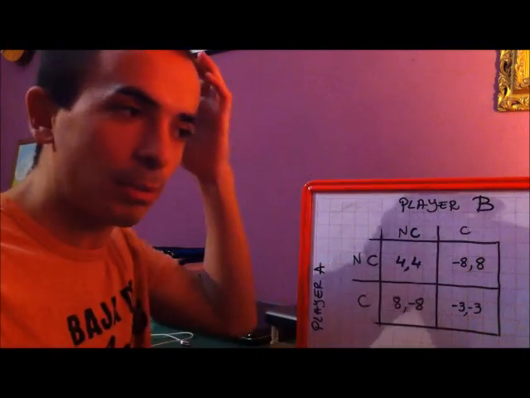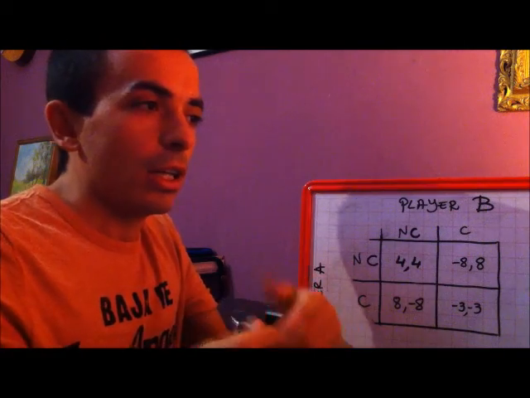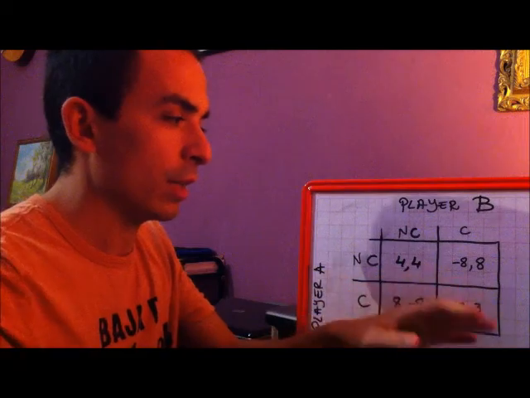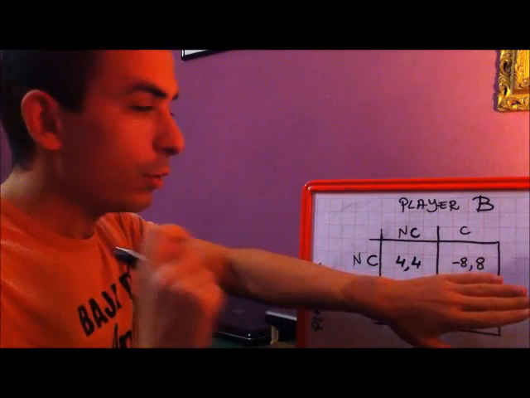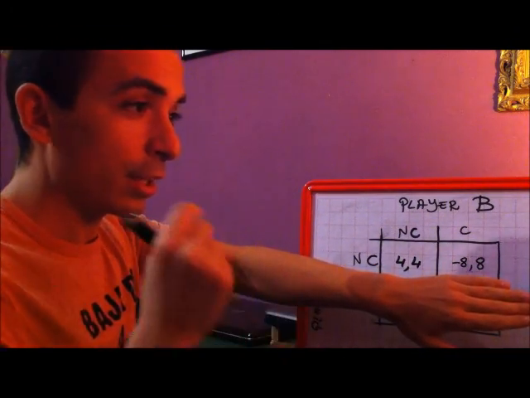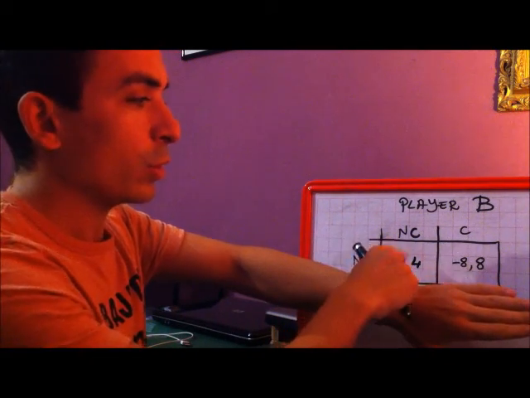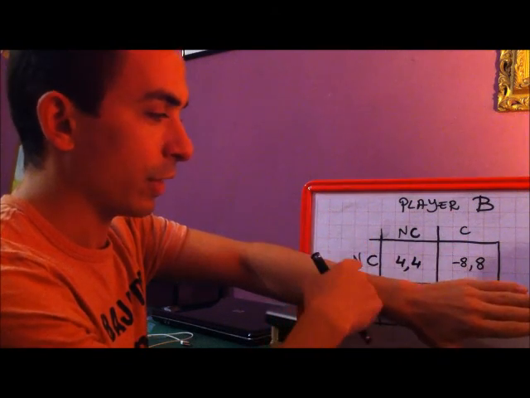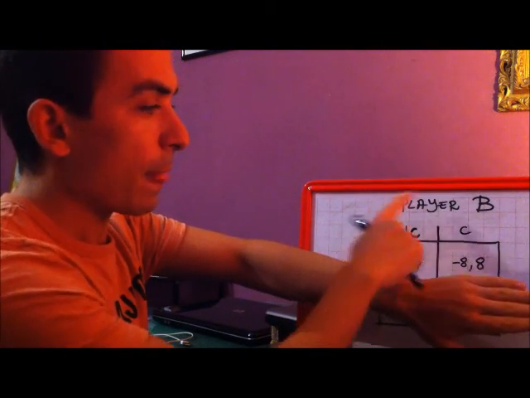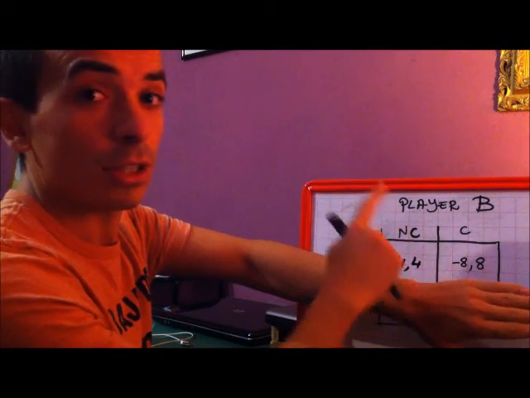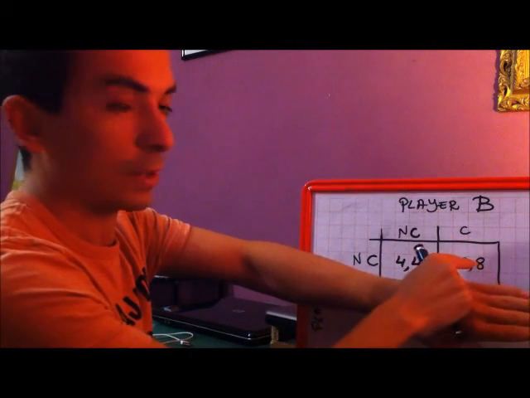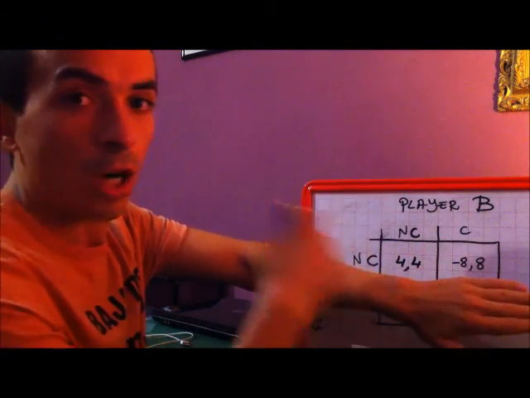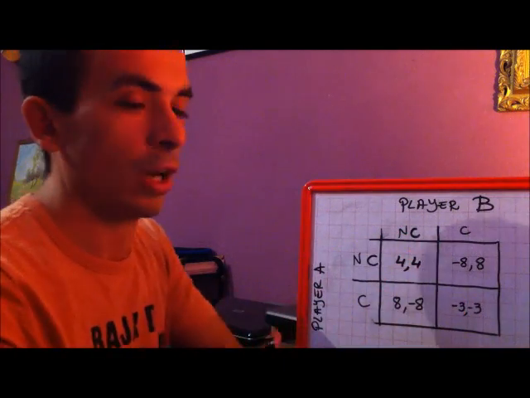You can think of -8 as he loses $8 million or 8 years in prison or whatever. If you remember, we said that rational means looking forward to maximize his payoff. So player B, in the case of player A not confessing, is always going to choose to confess. So this is one example of how the thinking should go.